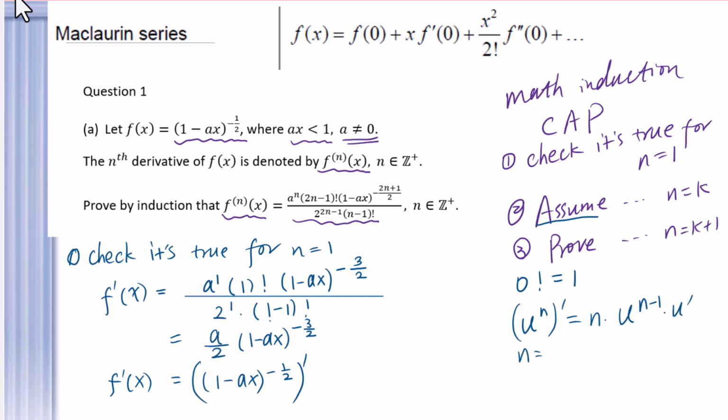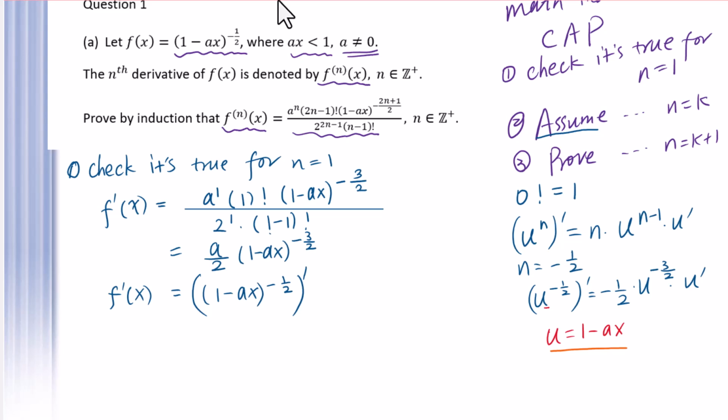When n equals negative 1/2, we got u to the power of negative 1/2, prime, equals negative 1/2 times u to the power of negative 3/2 times u prime.